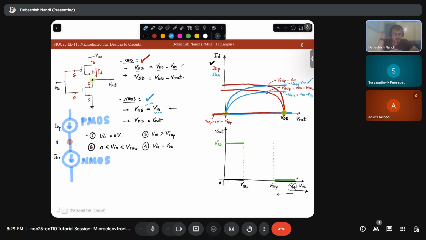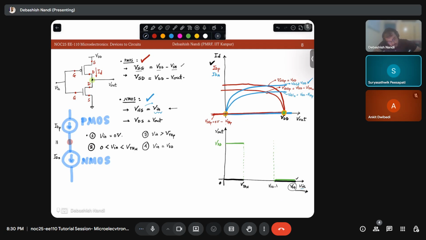Now assume a situation you are reducing your V in from VDD to a value that is equal to the threshold voltage of the PMOS. Sir, but PMOS is proportional to NMOS, no, sir? You said that red line is PMOS and blue line is NMOS, no, sir.